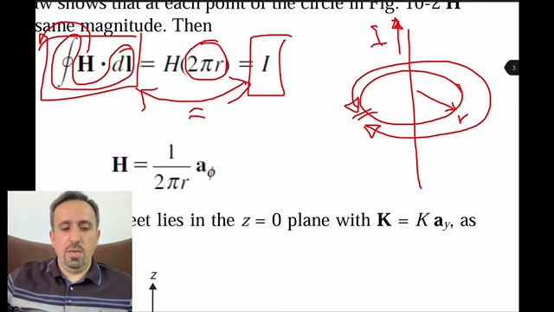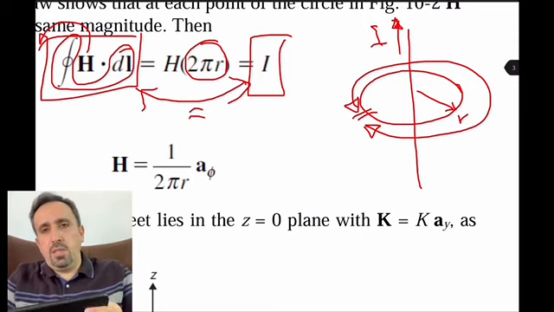So H will be independent of R, for example, or phi, or height. For that reason, it will be constant and will get out. If it gets out, you get out just the magnitude of it.